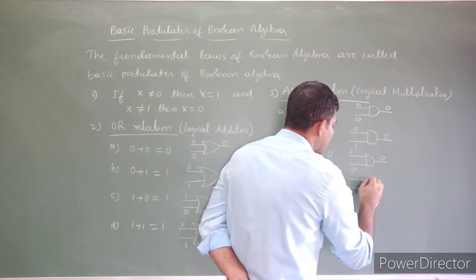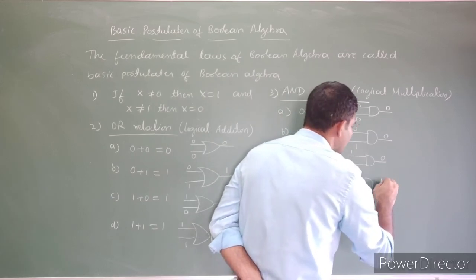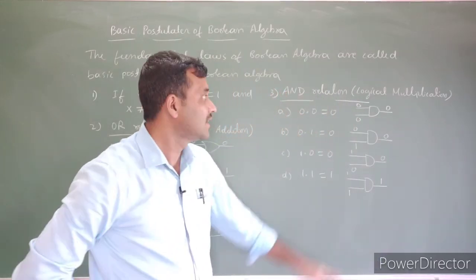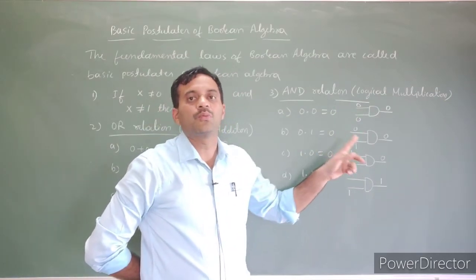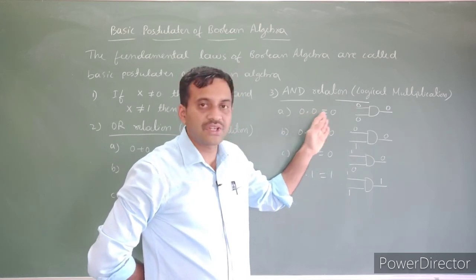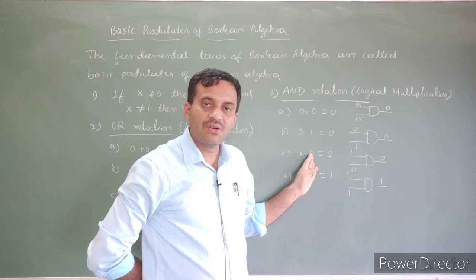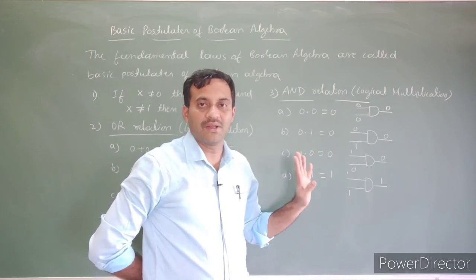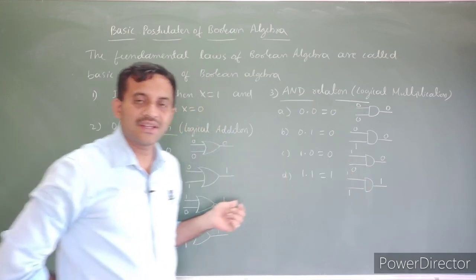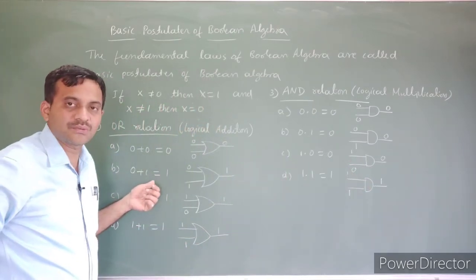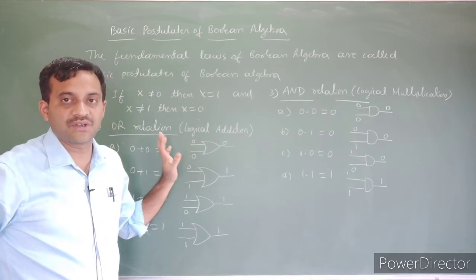In the fourth one, both inputs are 1, so output is 1. We know that in a logical multiplication, if any one of the inputs is 0, output is 0. Hence, 0 into 0 is 0, 0 into 1 is 0, 1 into 0 is 0, 1 into 1 is 1. If both inputs are 1, it produces output 1. In an OR relation, if any one of the inputs is 1, output is 1. If all the inputs are 0, output is 0.